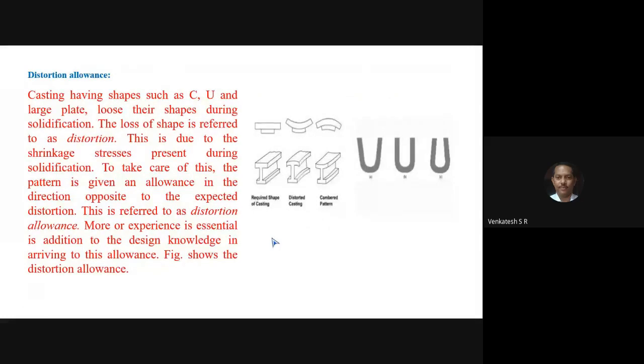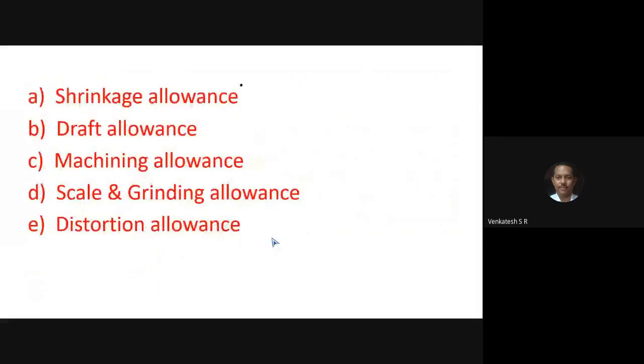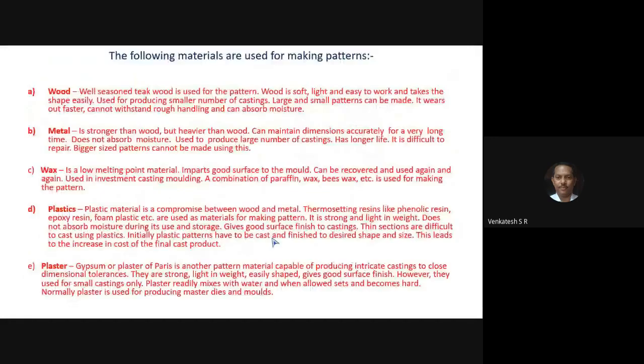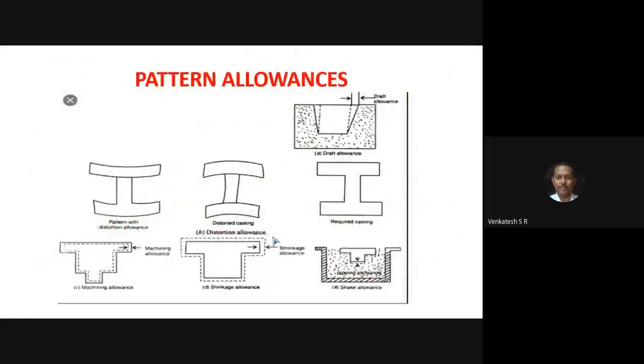All of you, once again, write down the question. Explain briefly with a neat sketch pattern allowances. So these are the pattern allowances diagram: draft allowance, distortion allowance, machining allowance, shrinkage allowance, and shake allowance.